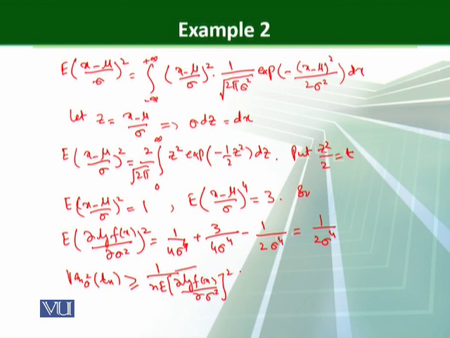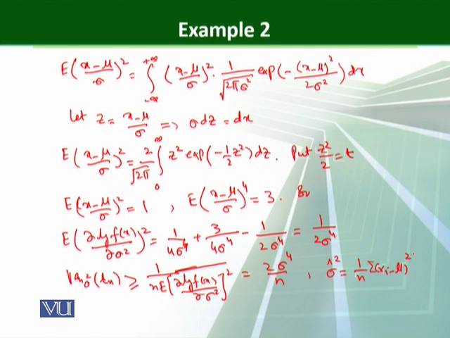So this is basically equal to 2 sigma raised to power 4 over n. So an unbiased estimator of sigma square when mu is known is sigma square hat equal to 1 over n sum of (xi minus mu) square. It attains the Cramer-Rao lower bound.